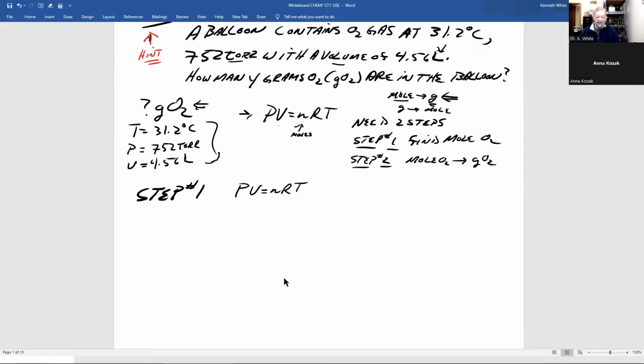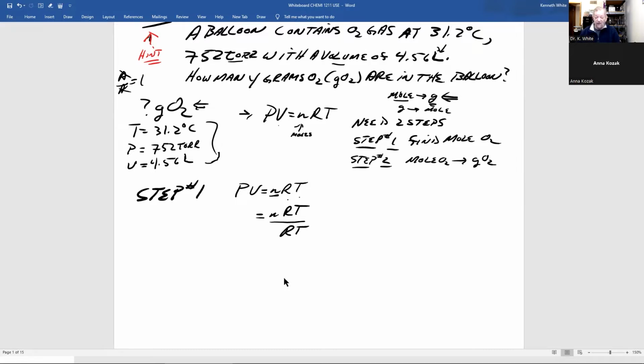Well, how do we solve for moles N of oxygen for this equation? We need to get it alone on one side. Oh no, there's R and T in the way. When things are multiplied, remember, anything divided by itself equals the number 1, cancels out. So if I want N alone on one side, what do I do? I divide by RT.